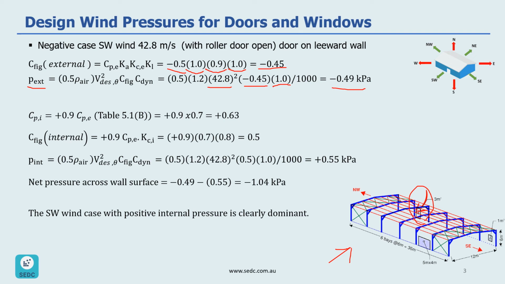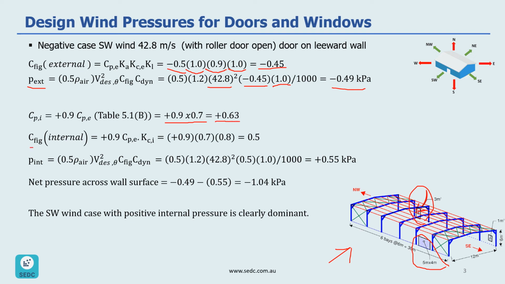So as you might remember, when we were looking at southwest wind direction, because of having a big opening in this direction, we had a positive internal pressure. The value for CPI was 0.9 times CPE, which is 0.7 for windward wall. So the value for CP and I would be positive 0.63.